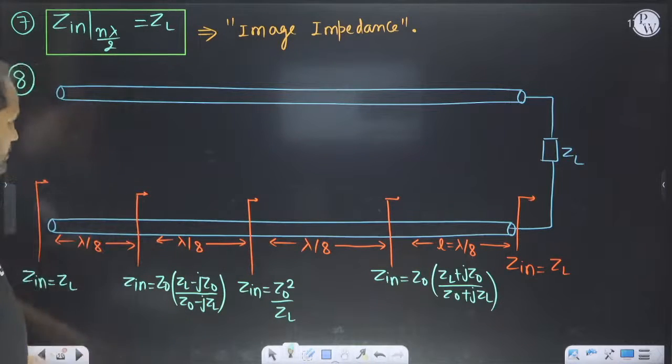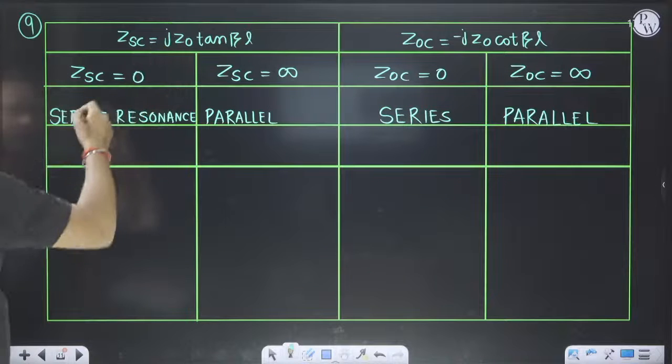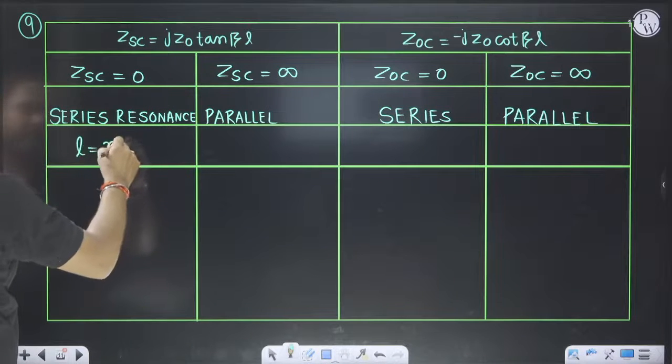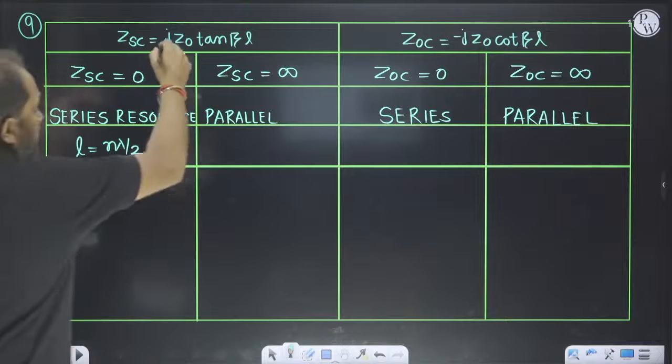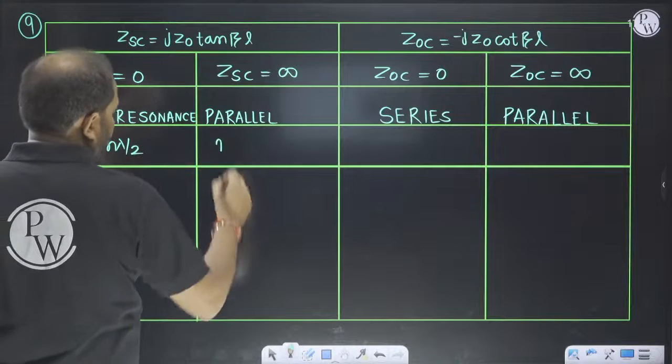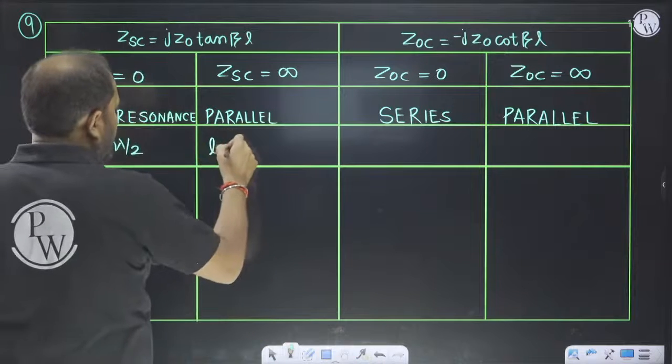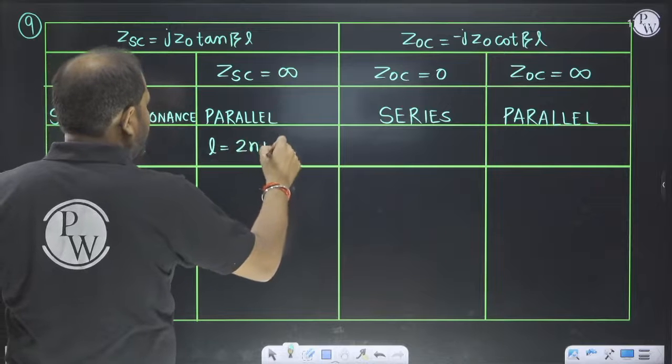So here short circuit is short circuit, so length is n lambda by 2, and short circuit will become open circuit, so inversion, odd multiple of lambda by 4.